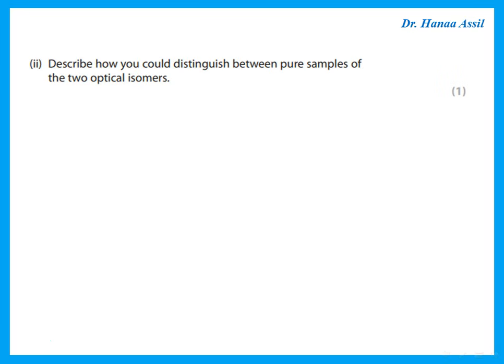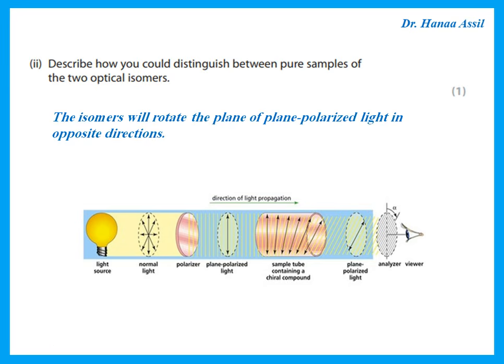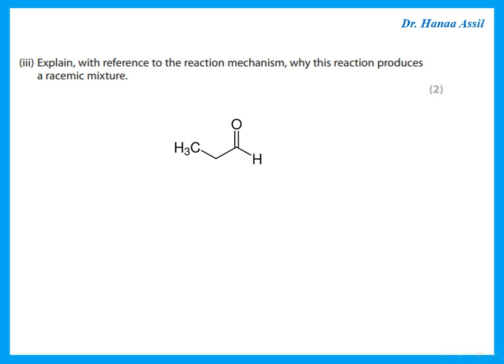Describe how you could distinguish between pure samples of the two optical isomers. If we have two optical isomers, then they will rotate the plane of polarized light in opposite directions. That is the difference between optical isomers. Explain with reference to the reaction mechanism why this reaction produces a racemic mixture.